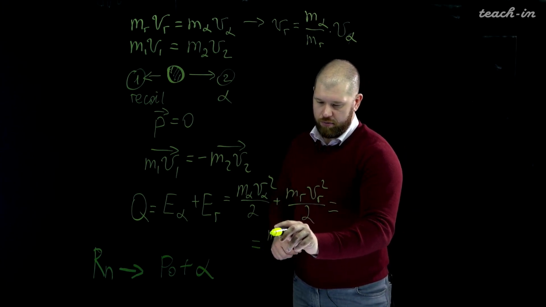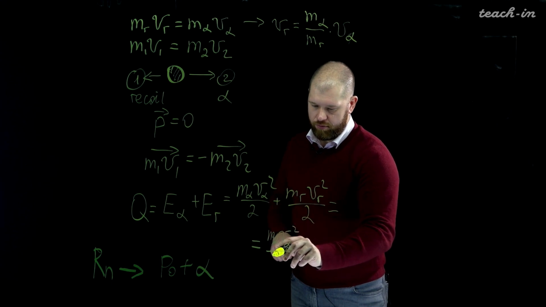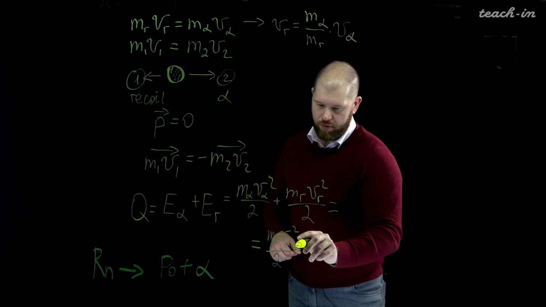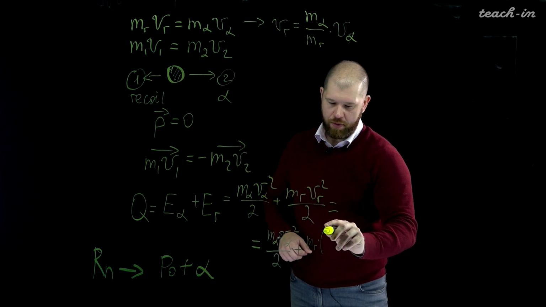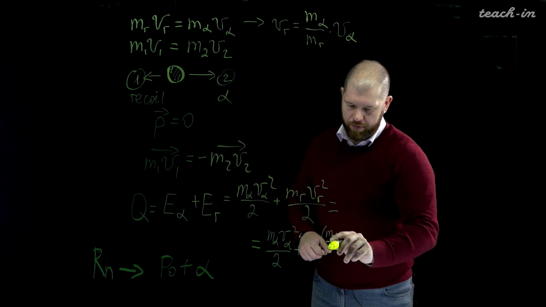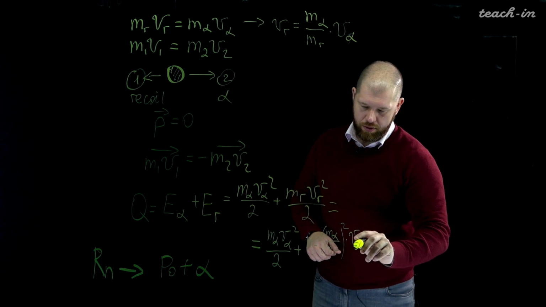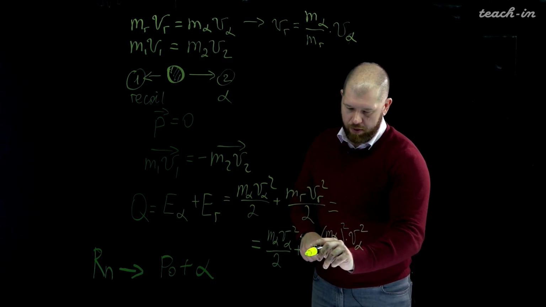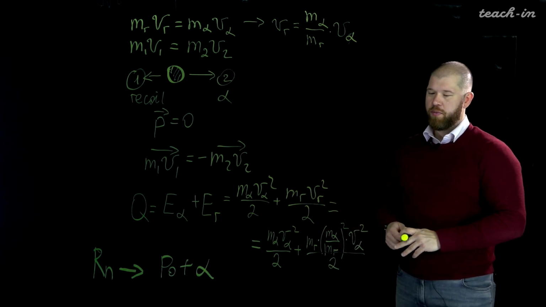So it will be the beginning the same, plus m alpha squared multiplied by velocity of alpha particles squared divided by 2.